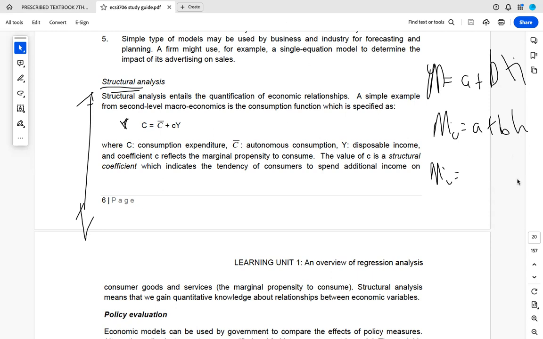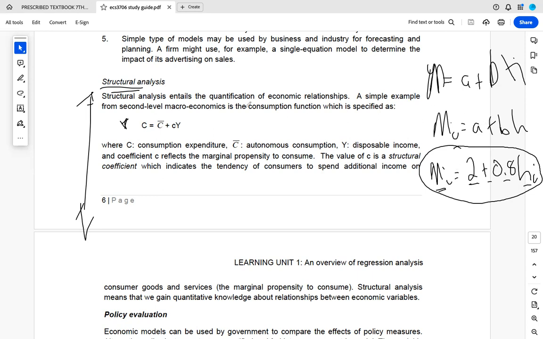Let's say we use regression based on data for different students, and we come up with a relationship which says M_i equals 2 plus 0.8 H. So let's say we come up with this regression equation, which tells us if we want to predict the marks of student I at any particular time, we say 2 plus 0.8 times their hours of study.